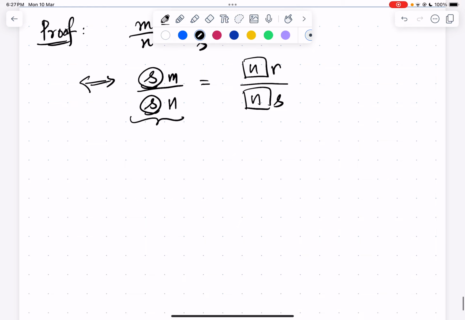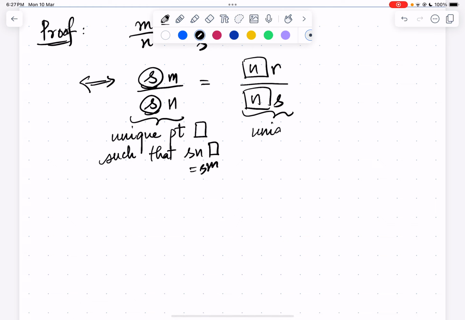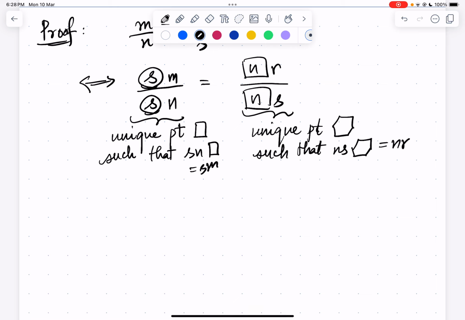And this is a unique point box such that sn times box equals sm. This is a unique point, hexagon, such that ns times hexagon equals nr. So these two points are equal.